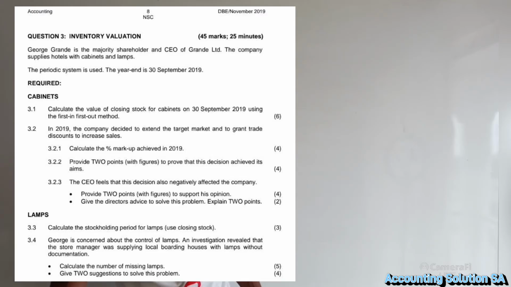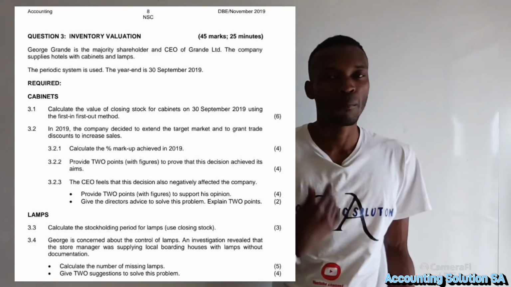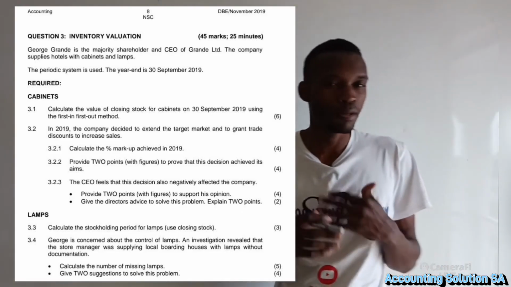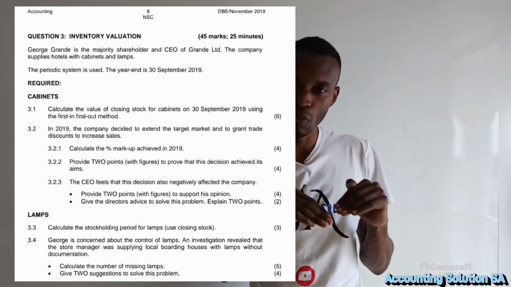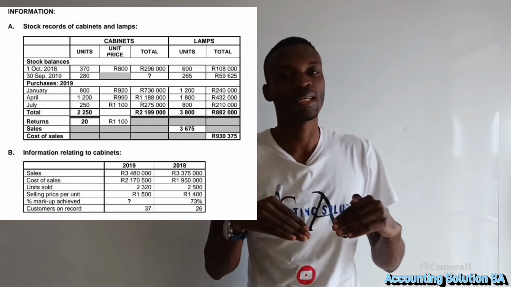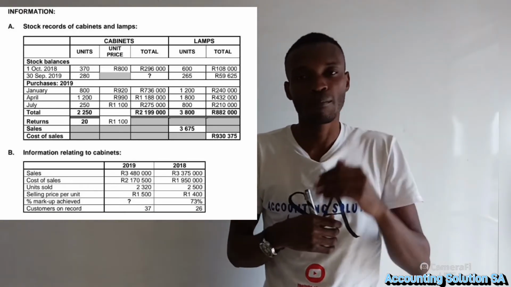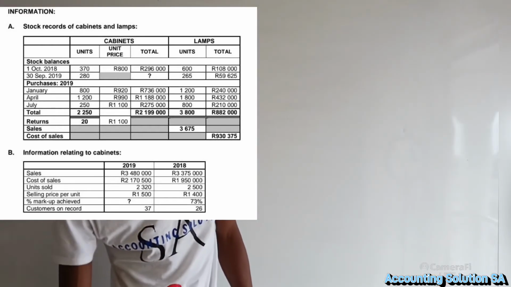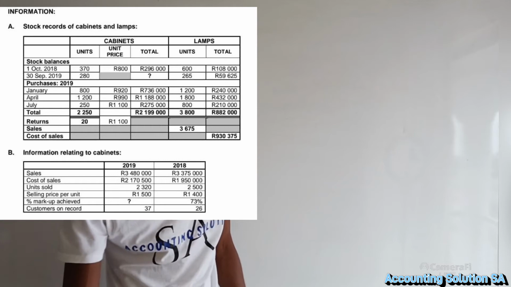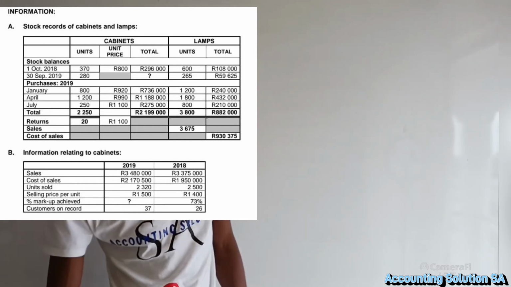So we have to go to the information and check the cabinet. They say that we are going to apply the first in, first out method, which means that when you apply this method, guys, make sure that you go and check the last batch that we purchased, because the first ones that we purchased, we already sold. Now let's look at this information. We have stock balances, at the beginning 370, at the end 280.